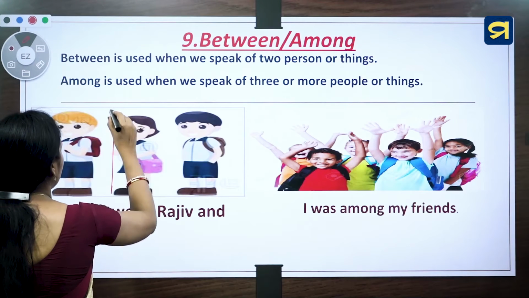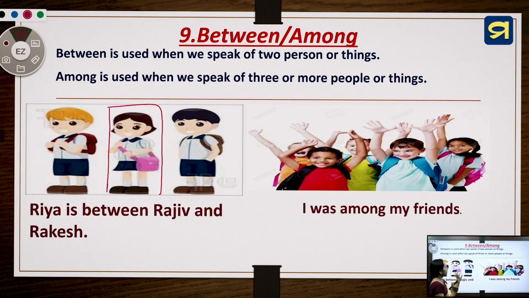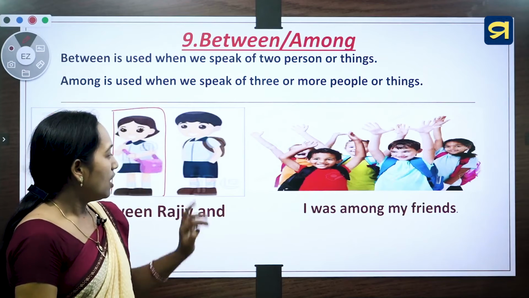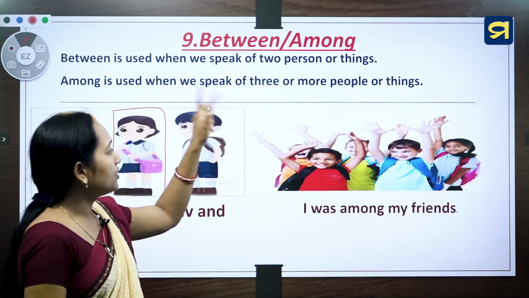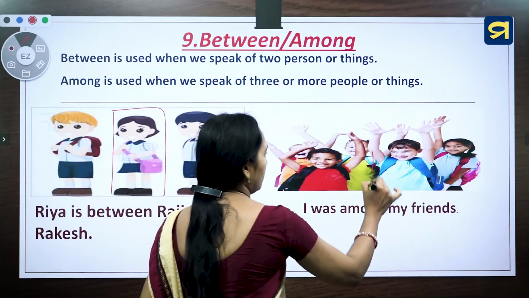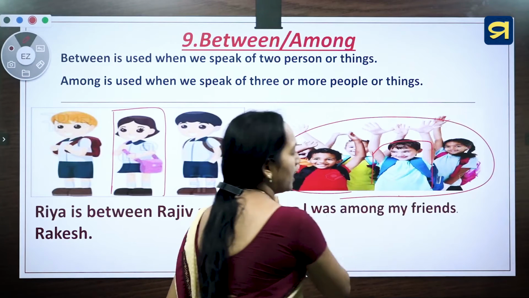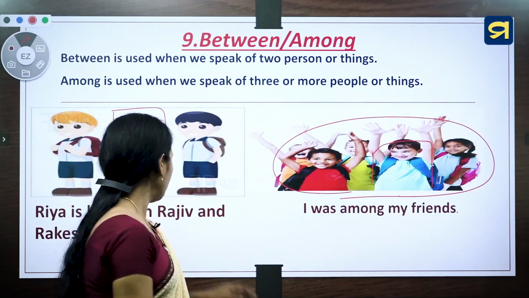This is your Riya. Riya is between Rajiv and Rakesh when we speak of two persons or two objects or things. And among is used to speak of three or more people or things. I was among my friends.